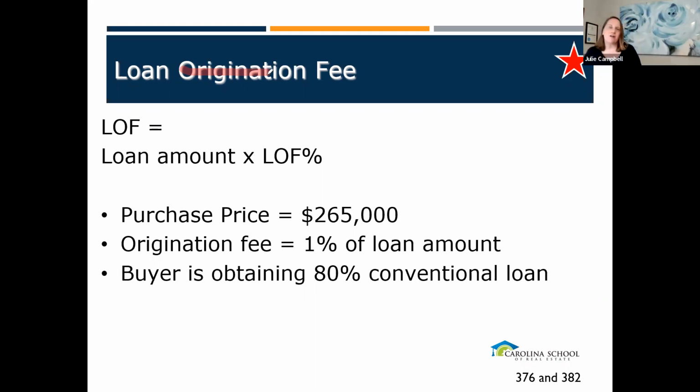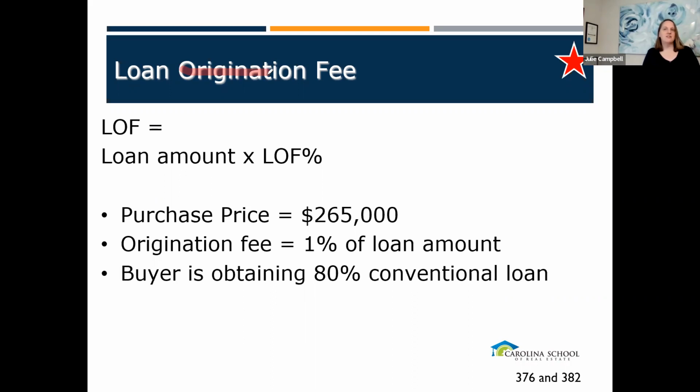And as we're going to learn in a minute, most lenders sell our loan shortly after they're originated. And so a fee that they will charge to cover their costs, to cover their expenses, is called the loan origination fee. The loan origination fee is the loan amount times whatever percent the problem tells you. There's no formula for determining what the percentage of the origination fee is.